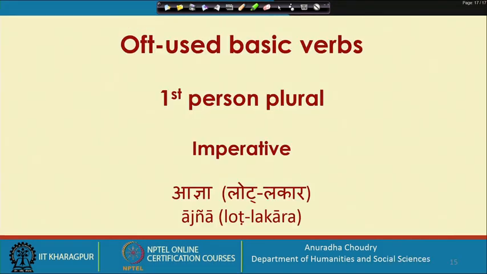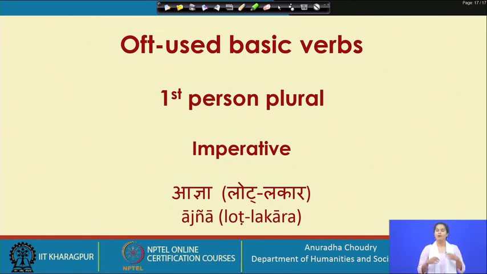So now let's look at the first person plural in the imperative. We have just looked at the first person singular in the imperative, and when you were saying I do, it was aham karomi. And now if you want to say let me do, it is karavani, uttamam. So now what happens in the plural form?